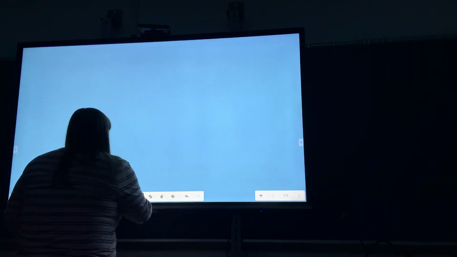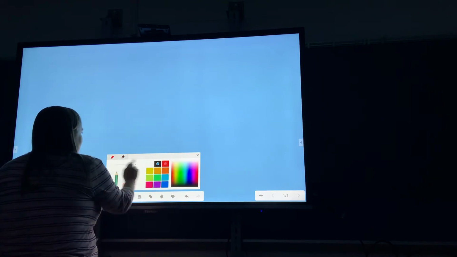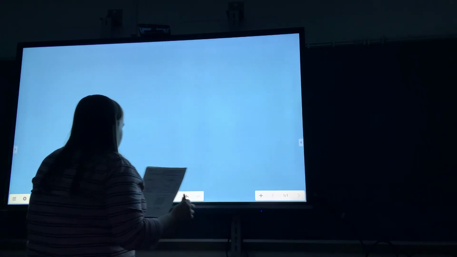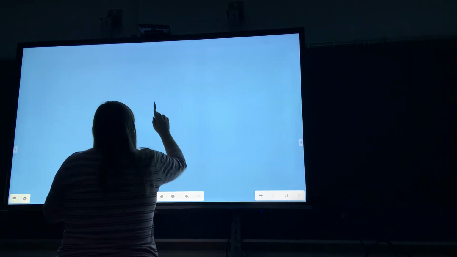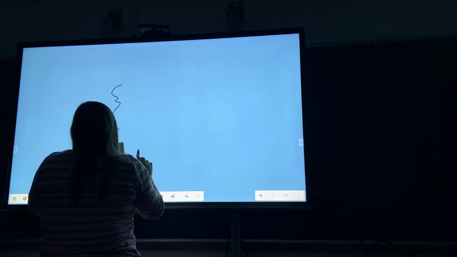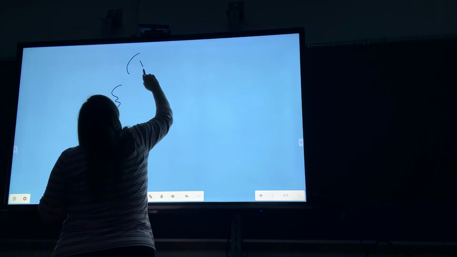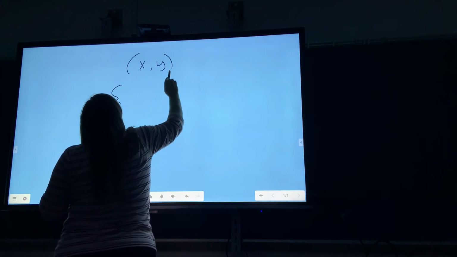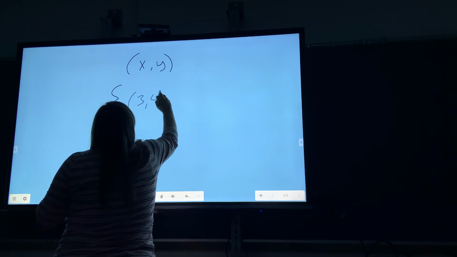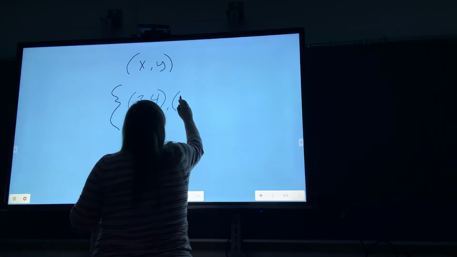Okay. So for the next way that you would see a relation, these are ordered pairs. So again, we're going to see x comma y. So here, I'm going to have (3, 4), (7, 8), (9, 5). I'm just making these up.